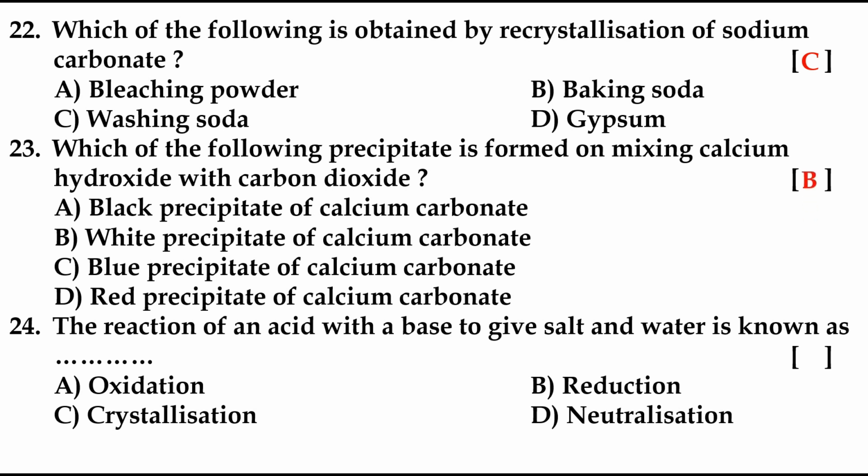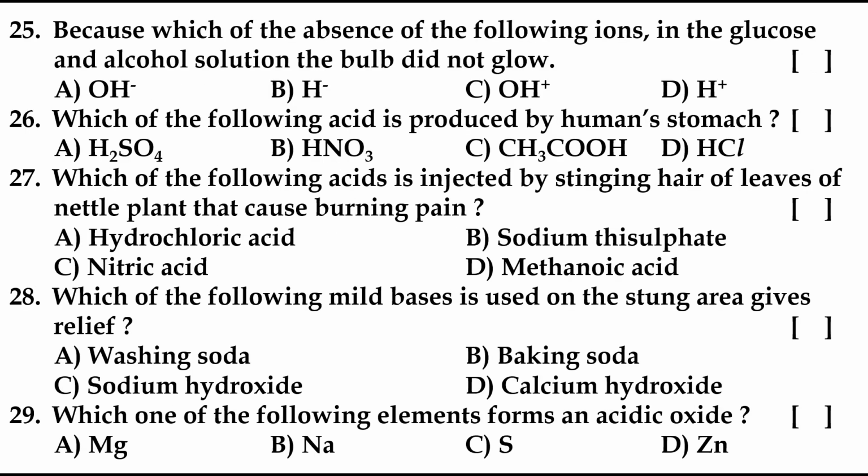Answer is option B, white precipitate of calcium carbonate. 24. The reaction of an acid with a base to give salt and water is known as A. Oxidation. B. Reduction. C. Crystallization. D. Neutralization. Answer is option D, neutralization.